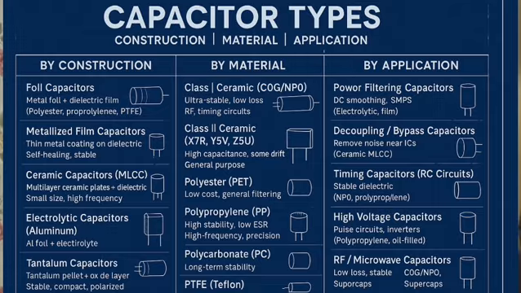When it comes to the foil capacitor, it is made up of metal foil and a dielectric film, which is nothing but polyester, polyethylene, and PTFE. Metal film capacitors have a thin metal coating on the dielectric; they are small, self-healing, and stable, right?